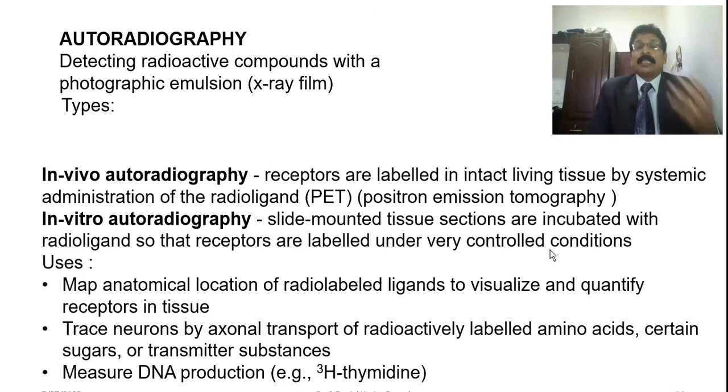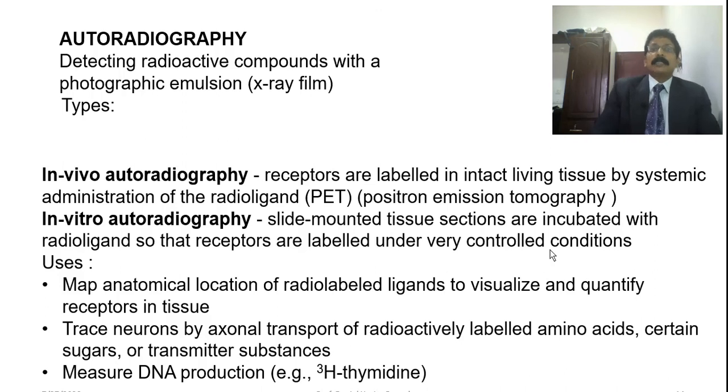When you go to a hospital with problems inside your body, or a fracture or an accident, immediately they will send you for a CT scan. That scan also is involved in autoradiography.